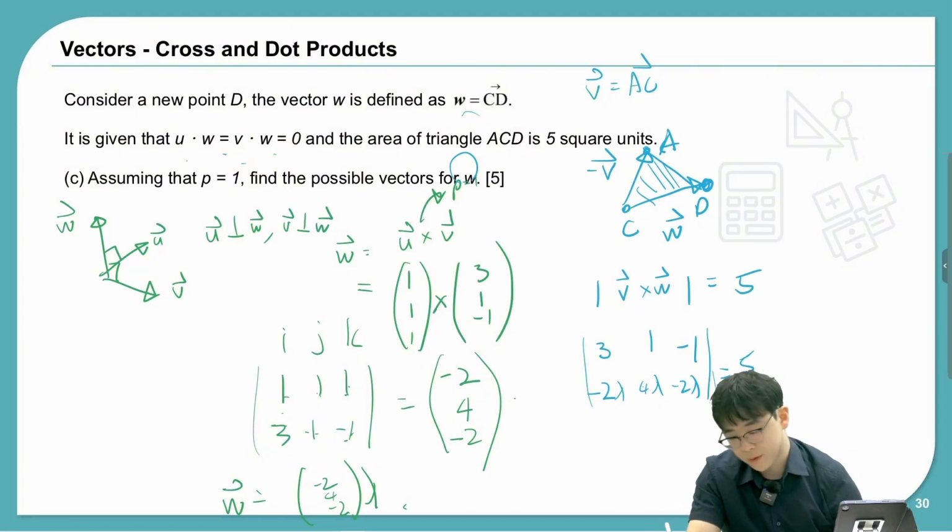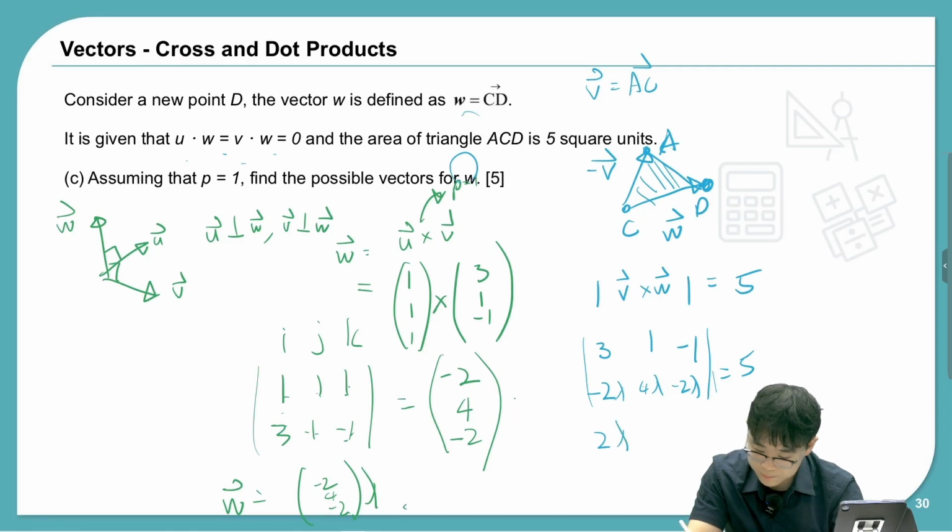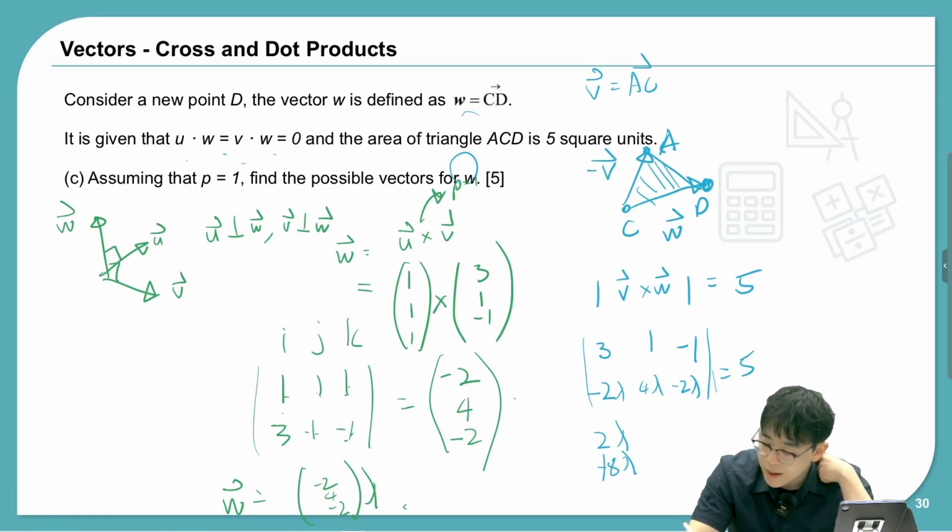So performing the cross product, we get -2 plus 4, so it's 2 lambda. Then we get -6, -2, so -8 lambda. And then we get 12 minus -2, so 14 lambda.